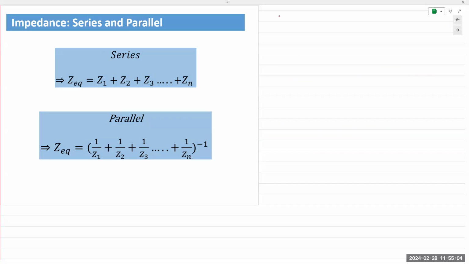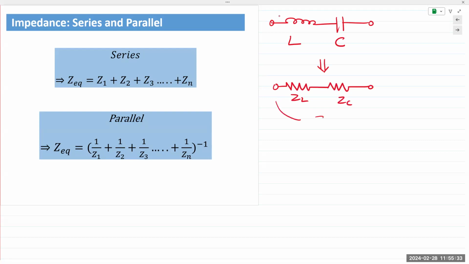So when we have a circuit with an inductor and a capacitor, it doesn't matter how they are connected. We can combine inductors together, we can combine capacitors together, but we cannot combine inductors and capacitors together. But if you represent their impedances, then you can combine the impedances together.